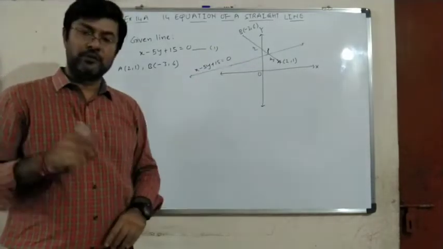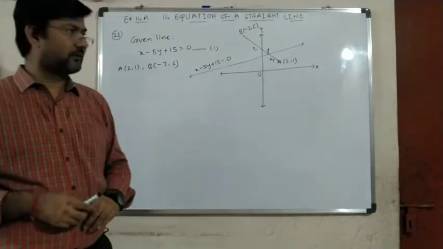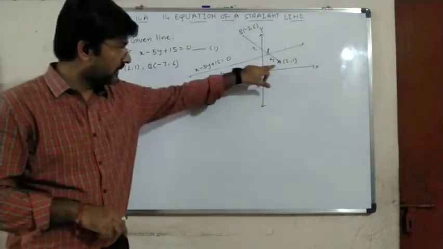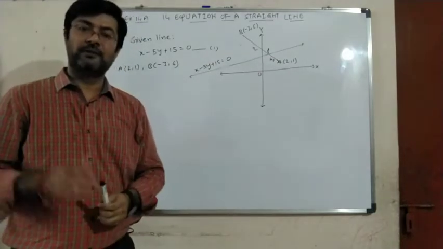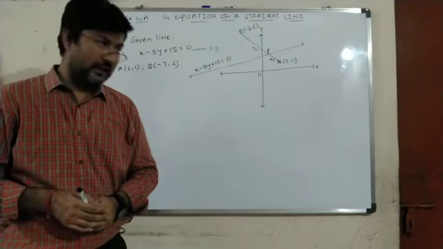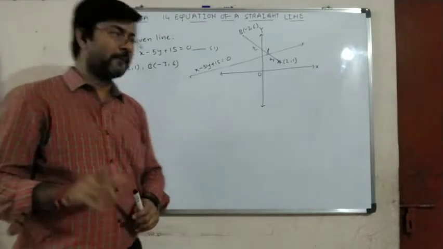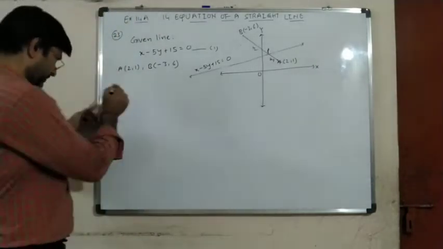Equation of AB is not given, but we can find out the equation of AB. How? We are given the 2 points on AB. So using the 2-point formula we can find out the equation of line AB. So our first step will be to find the equation of line AB.